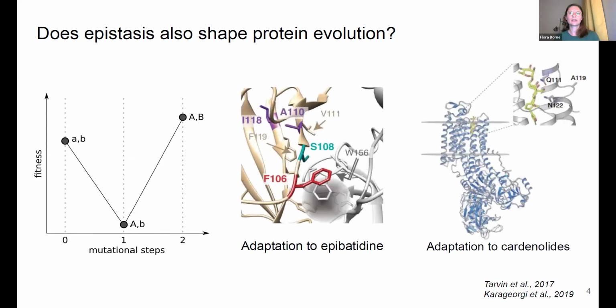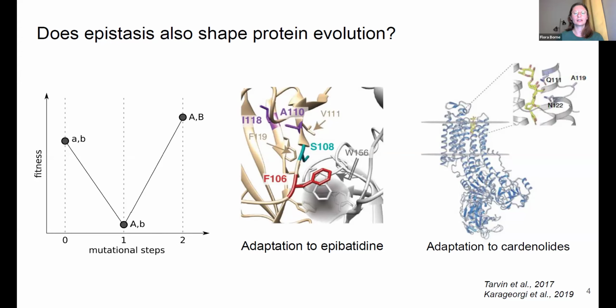And so why do we think that epistasis can shape protein evolution? First is because we have some textbook examples where epistasis has played a role in protein adaptation. And this is the case for some toxin resistance adaptation. Here I show the adaptation to epibatidine toxin.